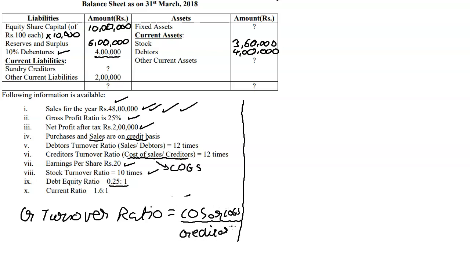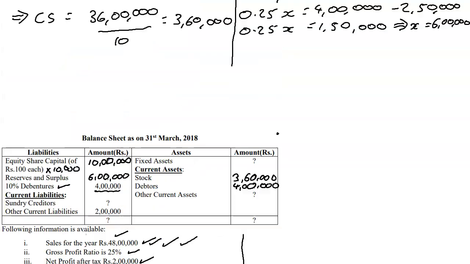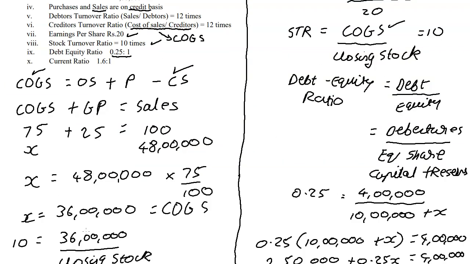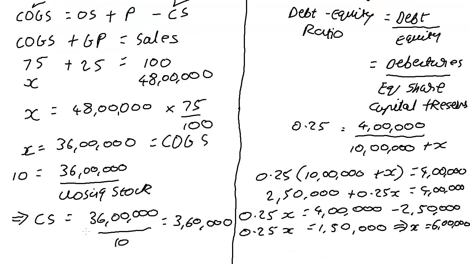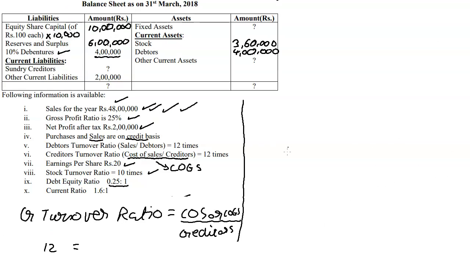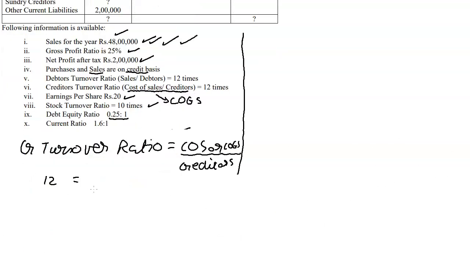Now, do I know what the creditors are? I don't, but I know the creditors turnover ratio is 12. So I can say 12 is equal to the cost of goods sold, and going upstairs, I have been able to calculate the cost of goods sold as 36 lakhs. So down here, 36 lakhs upon creditors.